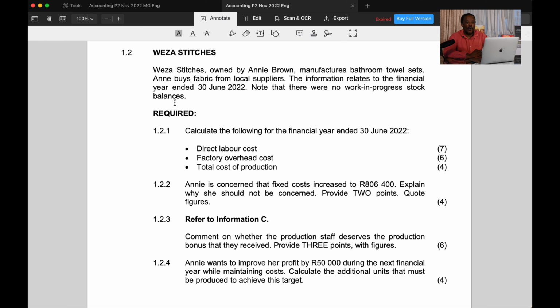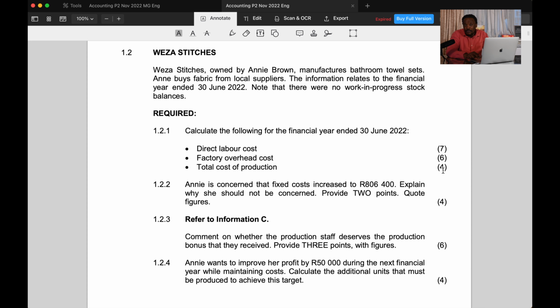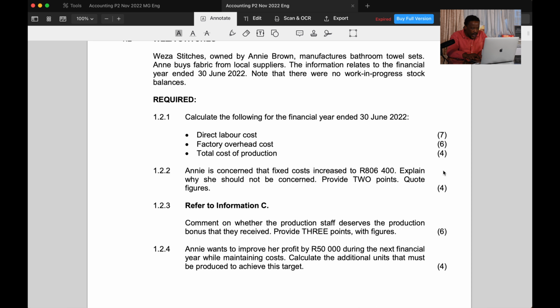Note that there were no work in progress stock balances, and you are required to calculate the following: direct labor cost, factory overhead cost, total cost of production. Those are the things that you must know by heart how to calculate. When you are given a question like this, 7 plus 6 is 13 plus 4, you must just take the 17 marks within 5 minutes, quickly.